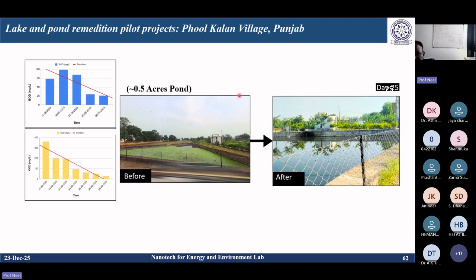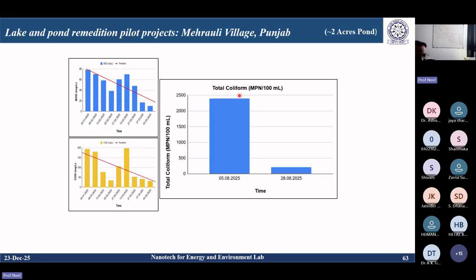Several pilot studies we have done in case of treatment of the pond and lake. You can clearly find the results here. We have done 0.5 acre pond treatment, before and after. You can clearly see that BOD, COD has been drastically reduced by using this nanobubble technology. Several results we have shown here, and one can clearly see even the E. coli can be drastically dropped by using nanobubbles.